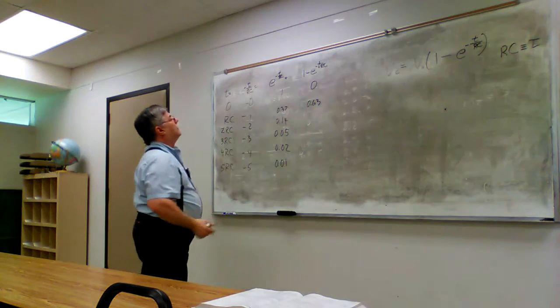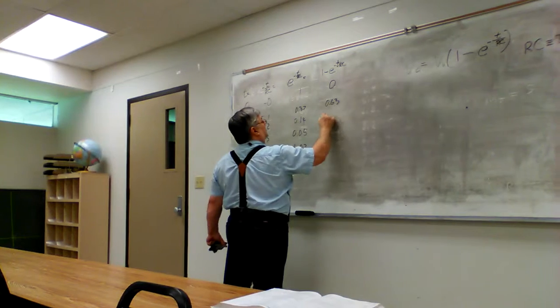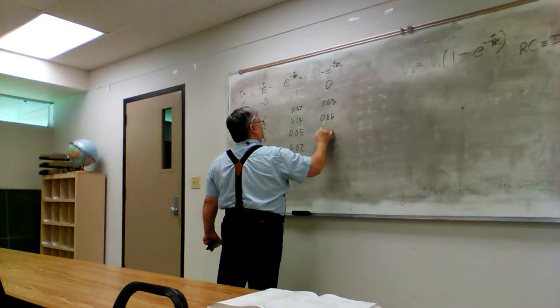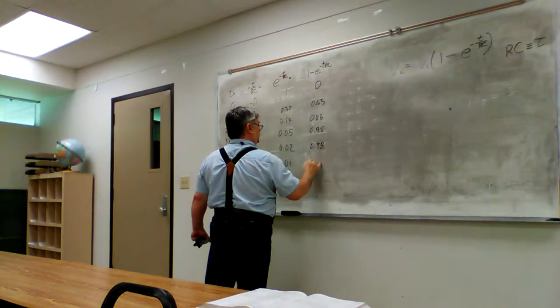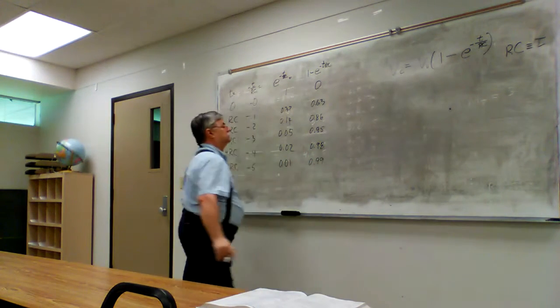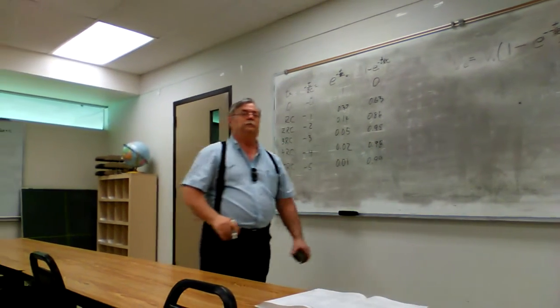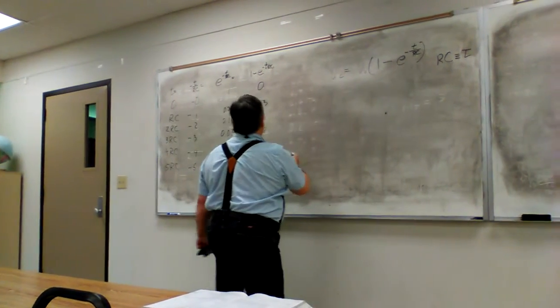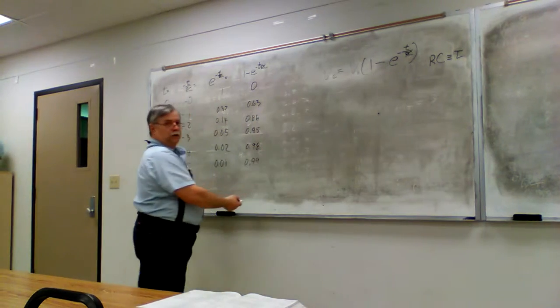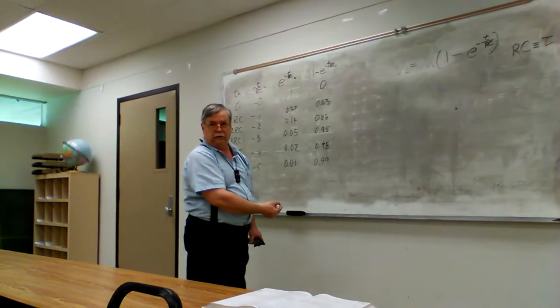Okay. Now, this column here tells us how the voltage is going to increase as it goes across the capacitor.